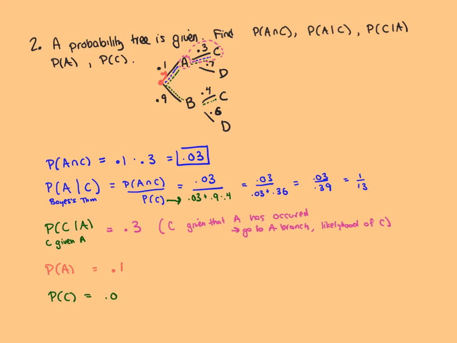So that's 0.03, which was A then C, plus 0.36, which was B then C, because those were the two different ways. That gave me 0.39 for that probability. So you need to make sure you're able to identify any of these different probabilities from your probability tree.